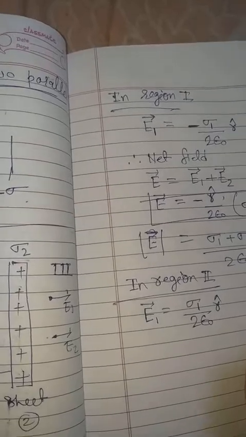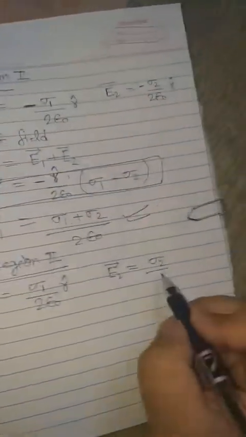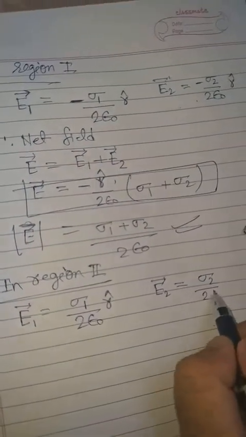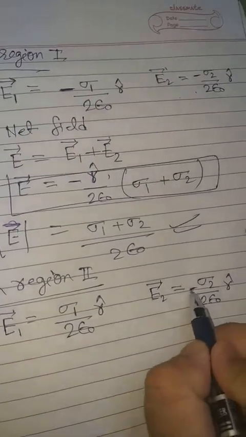E2 is equal to sigma 2 upon 2 epsilon naught r cap, but the direction of E2 is opposite to r cap, so a negative sign will be there.